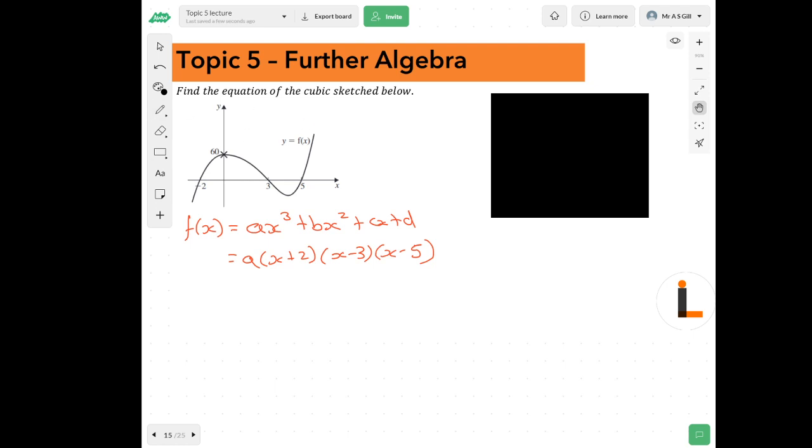And the way we work out this value of a is we say, well, we know the y-intercept here is 60. This d term here is going to be 60. And the only way we get d is multiplying by all the constants multiplied together. So therefore we can say 60 is equal to a multiplied by 2 multiplied by minus 3 multiplied by minus 5.